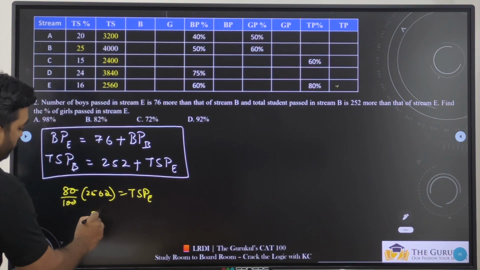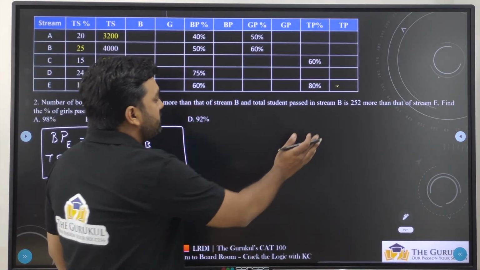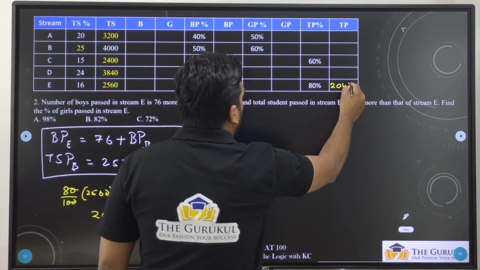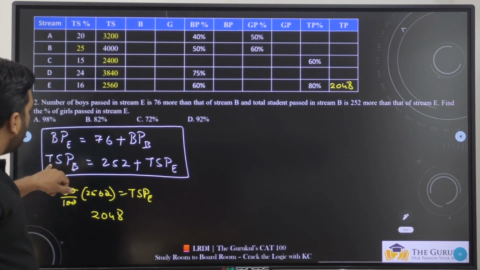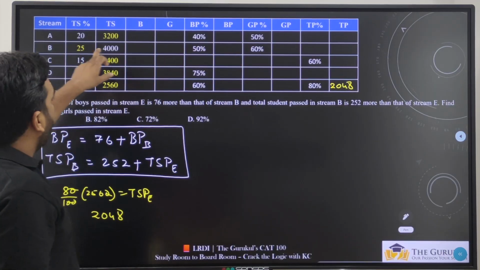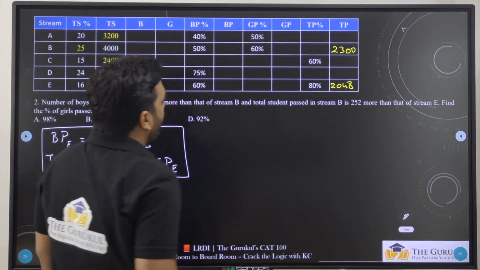Perfect. This will be 2048. So if total students passed in stream E is 2048, then they gave us total students passed in B is 252 more than this. B is 252 more, that is 2300.